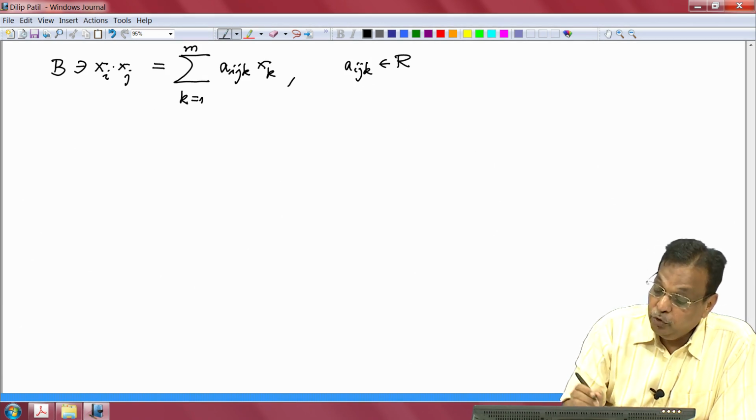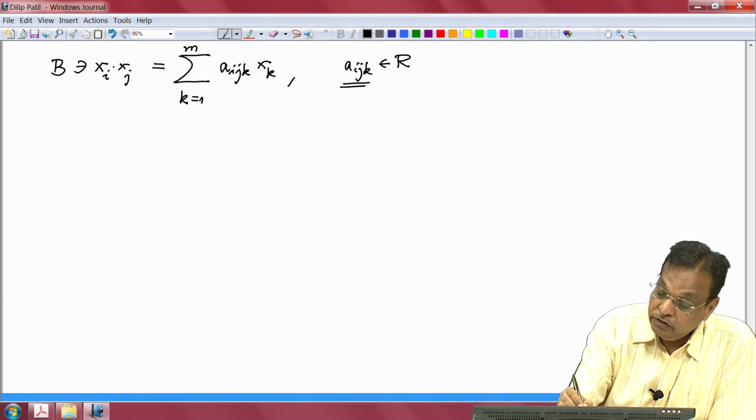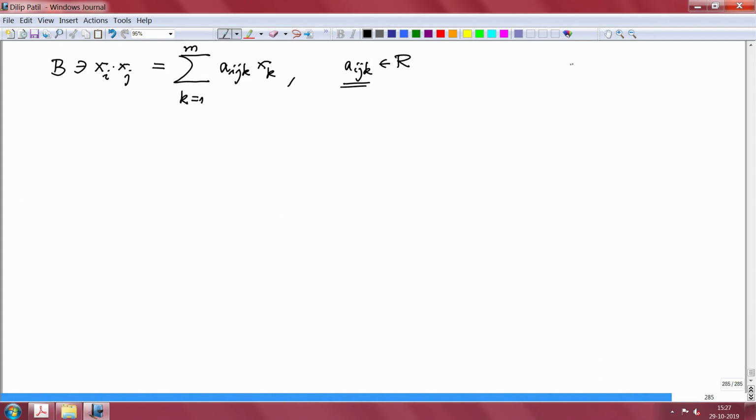Alright, now I am going to concentrate on these coefficients and consider A prime, a sub algebra of R generated by these elements. There are finitely many of them, so I adjoin them with A. So A prime is A adjoin a_ijk, where i, j, k vary from 1 to m.